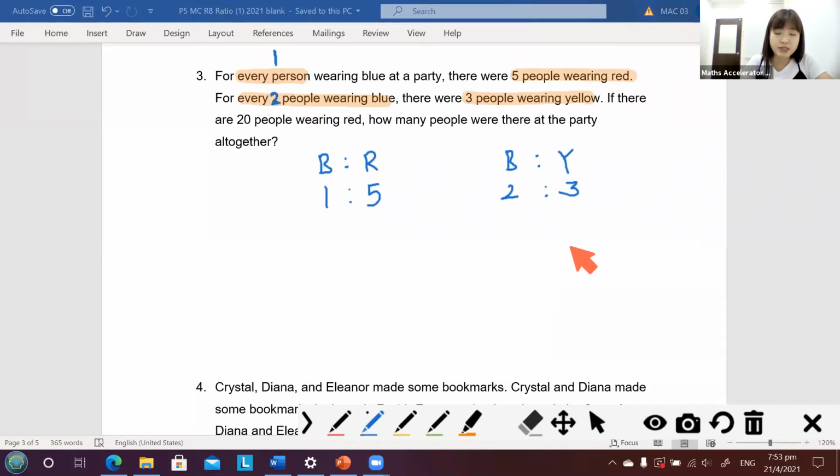Now, what is your repeated identity here? I think this one is easier compared to question 1 and 2. What's the repeated identity? Which color? You can put B. Yeah, blue. So blue here is the repeated identity. So now what do we do? Make it the same. Your 1 and 2 here, how do you make it the same? You just need to multiply by 2.